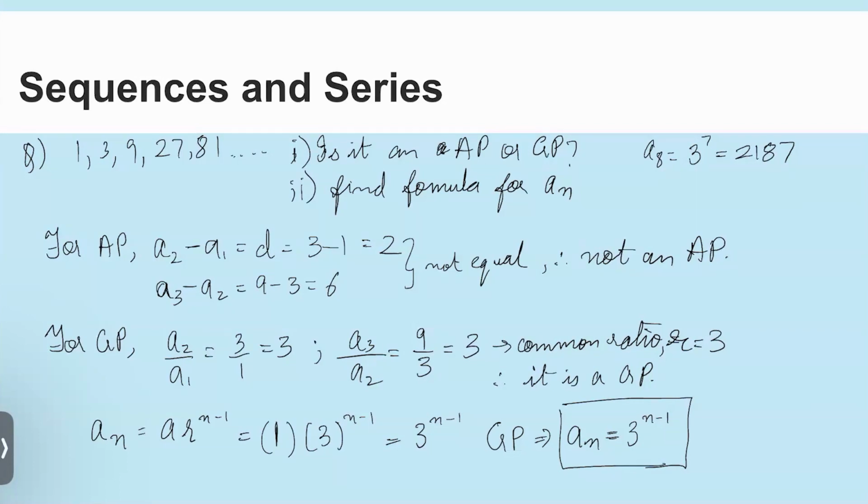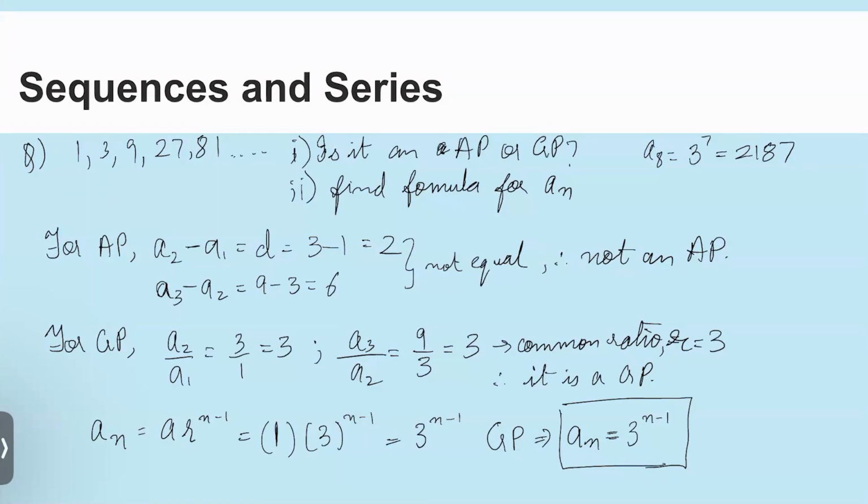Obviously, you will have more complicated series later on, where you will have difficult ratios, or the relation between the terms will not be so straightforward.